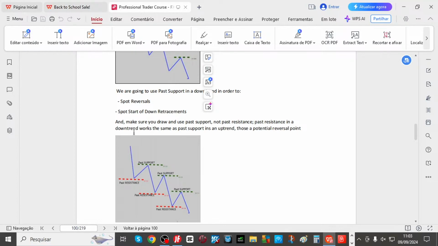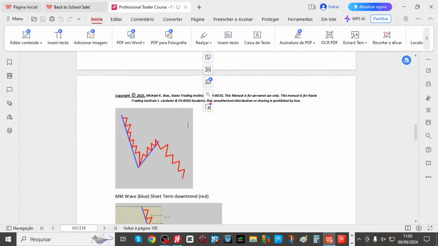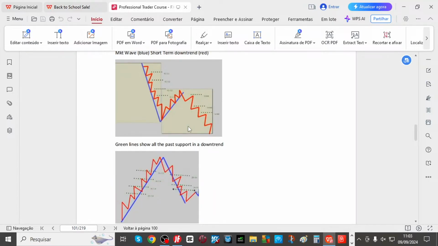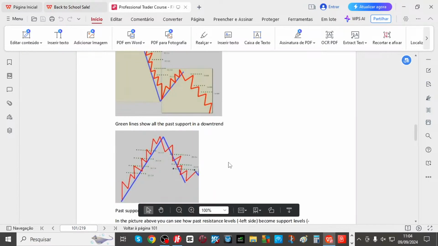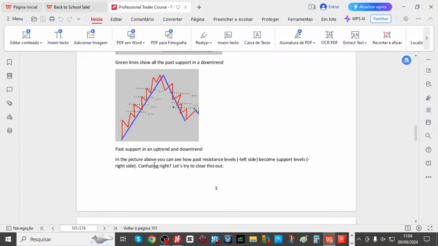Past resistance in a downtrend works the same as past support. Let me see if anything else is here. Green line shows past support in a downtrend. In the picture above you can see how past resistance levels, left side, become past support levels.